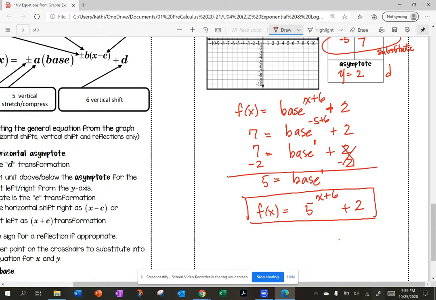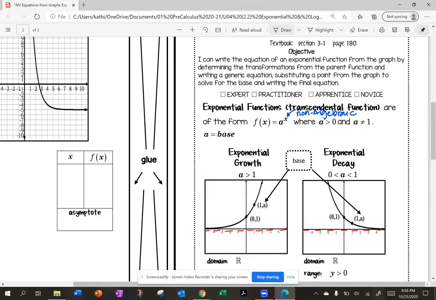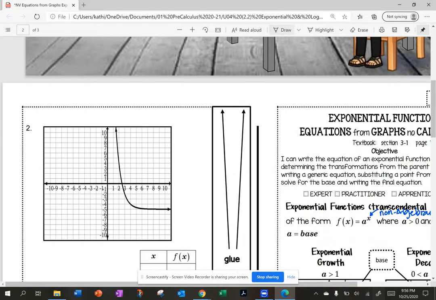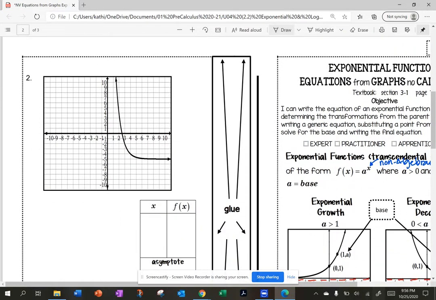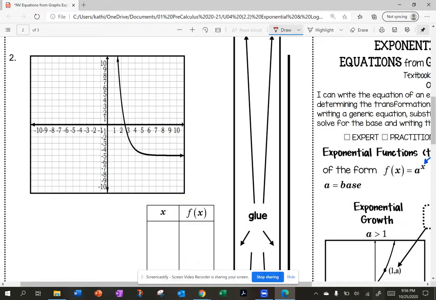And then I rewrite the general equation, knowing the base. All right, I'll let you have a chance. I want you to pause the video and take a minute trying to do this and see what you get, and then come back and check.